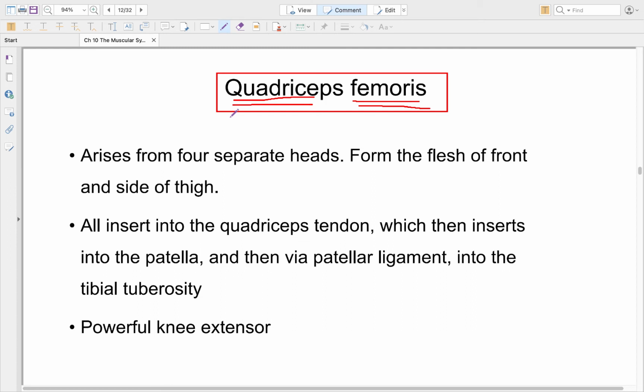That tendon then inserts into the patella, which is your kneecap, and then into the tibial tuberosity. So they cross the knee and then insert on the tibia. These muscles have a great impact on your legs. They are incredibly powerful for knee extension.